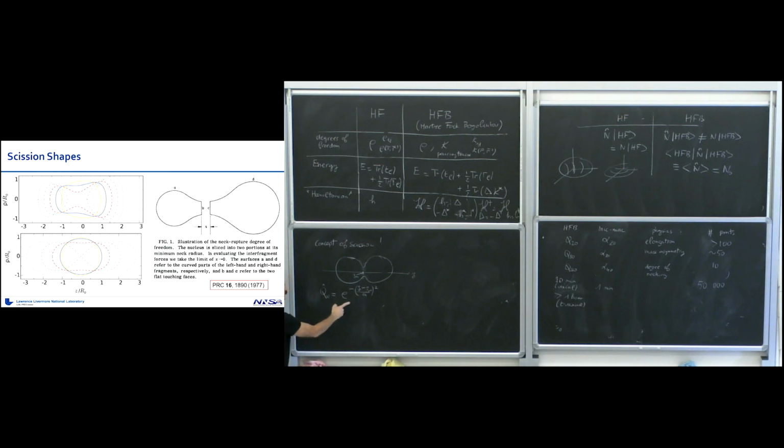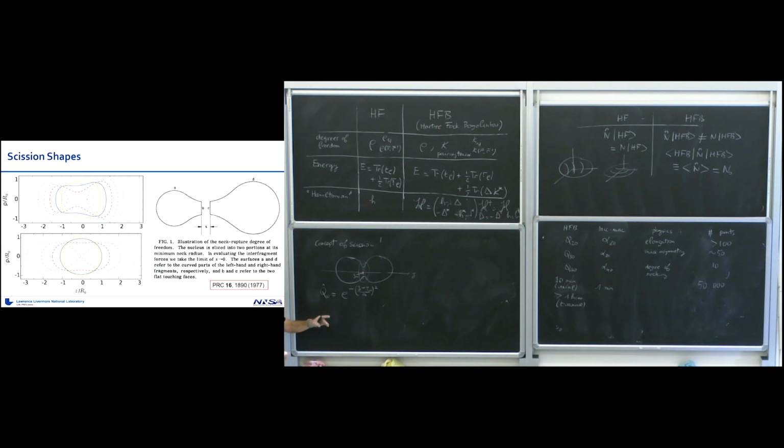I can calculate the expectation value of this in the HFB state. It is a way of estimating the number of particles in a small region near the neck. That will depend on this completely arbitrary range, a.